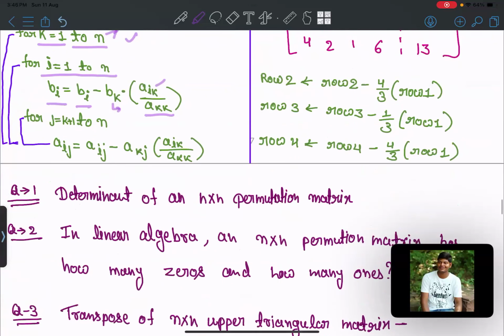And in each row, for each column, we replace Aij with Aij minus Akj multiplied by Aik divided by Akk. This is the factor that we know.